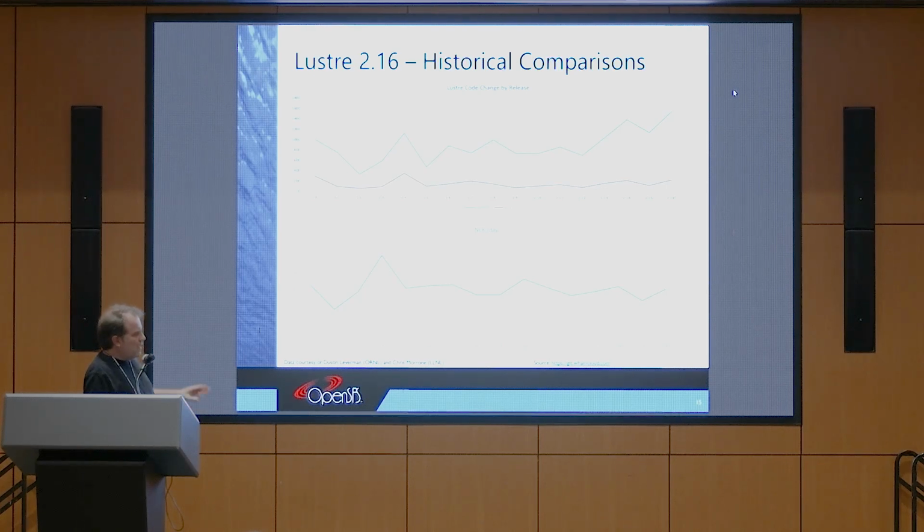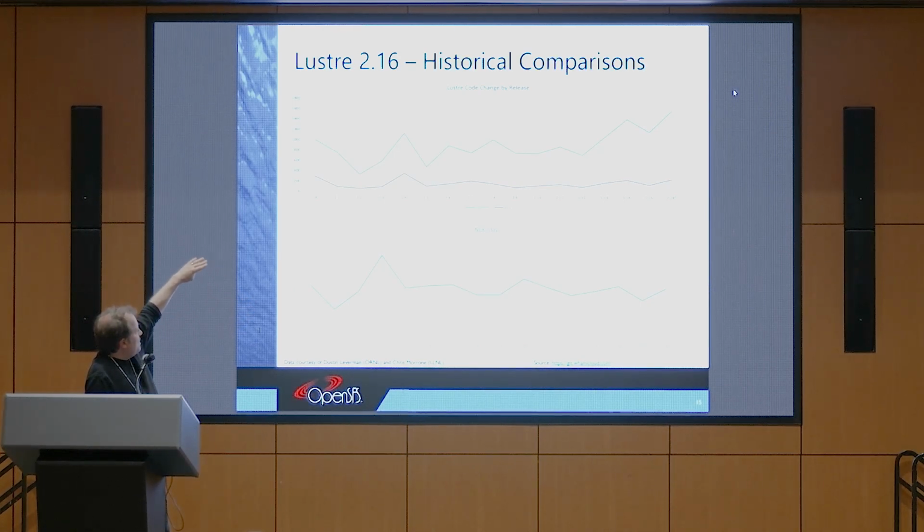And then seeing how this fits in over releases over time. Again, this is maybe not very easy to see all the details, but the top graph is specifically just the releases, and the rightmost is 2.16.